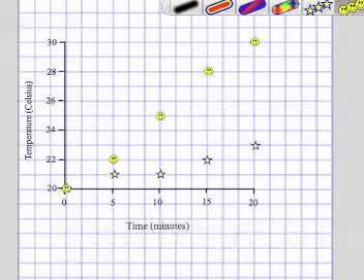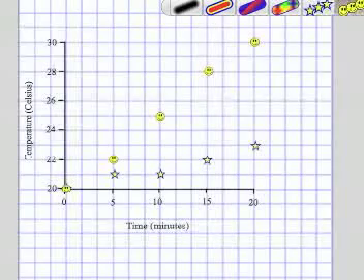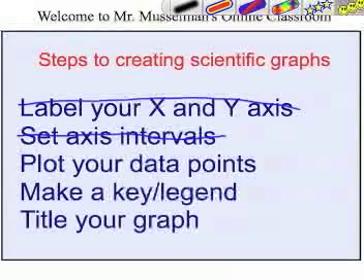So clearly, when we look at these two different types of plot lines, there is a significant difference in the temperature, as we can see in the slope that is beginning to form from these data points. So we've effectively plotted our data points.